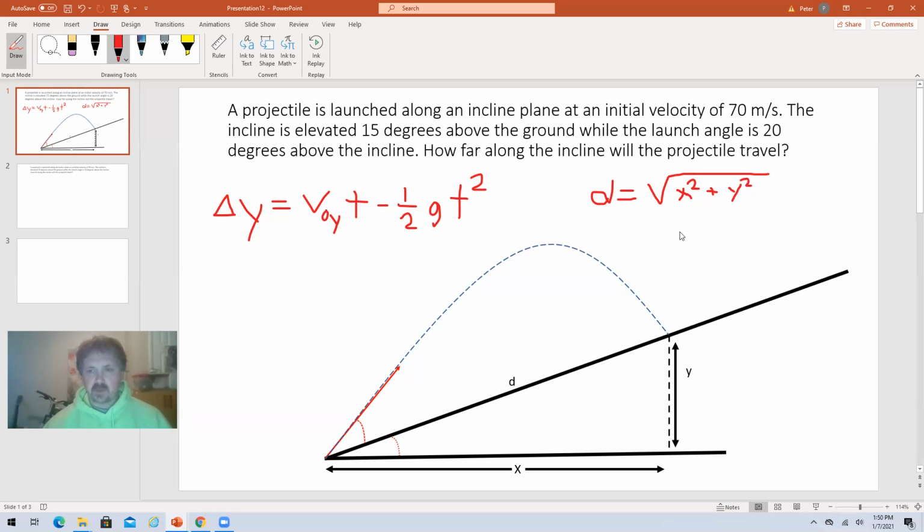So most of this problem we're going to spend figuring out y, and then figuring out x should be a fairly simple task, and then we can just place them into the Pythagorean theorem, which is what this is, and calculate d, okay?